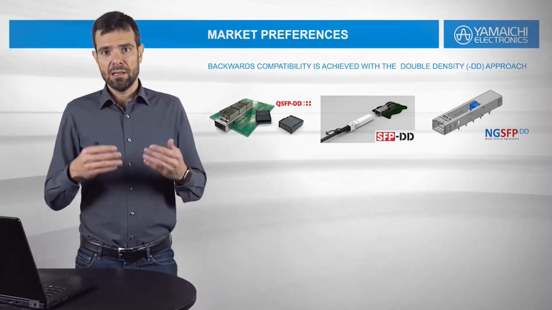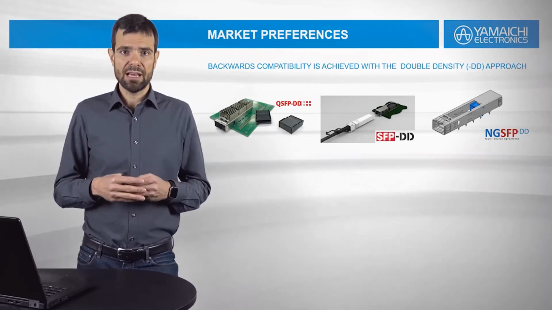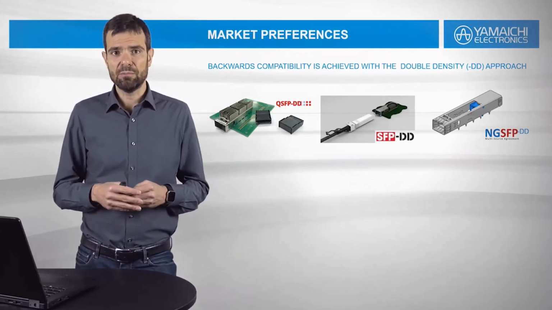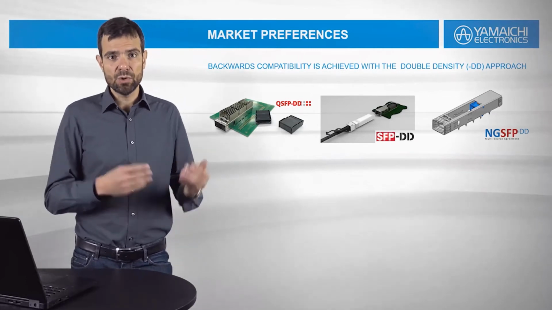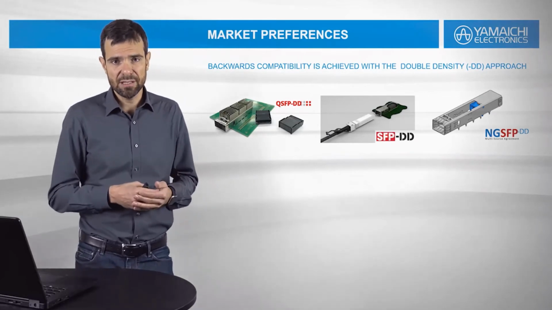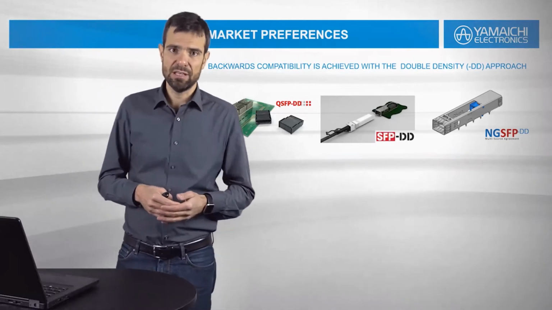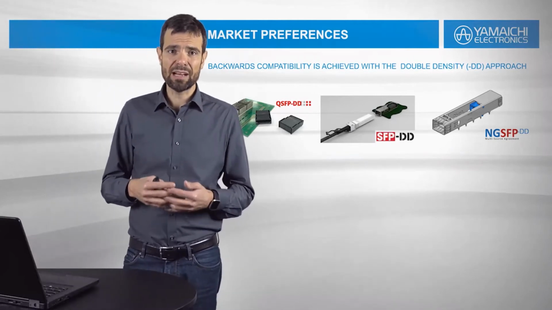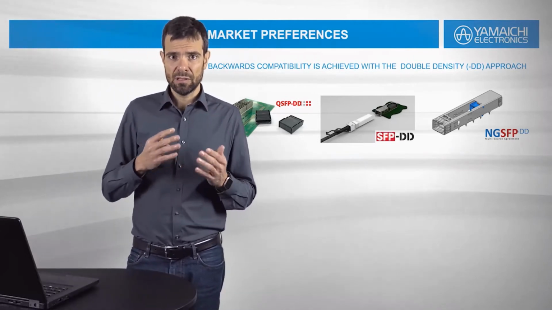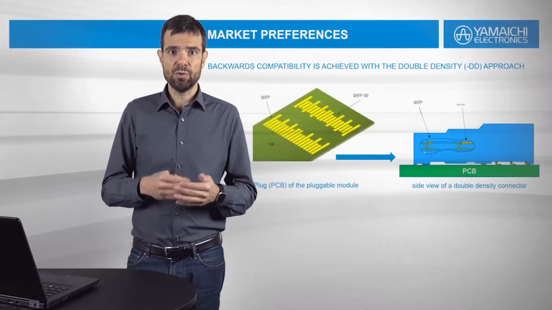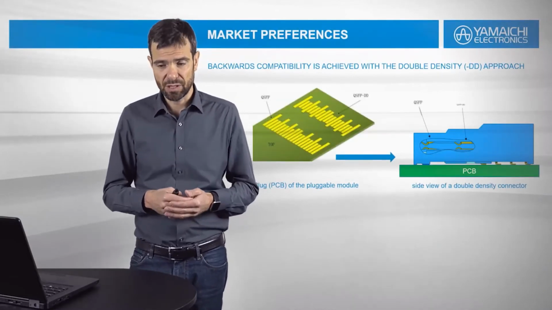You can see there are some form factors that already have been widely accepted by the industry, such as QSFP-DD, SFP-DD, and NGSFP-DD. They are all backwards compatible with the original form factors QSFP, SFP, and NGSFP.